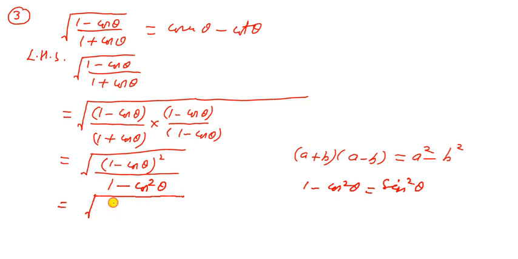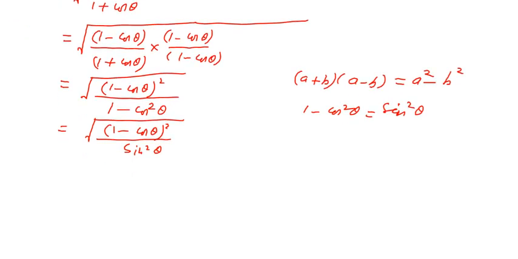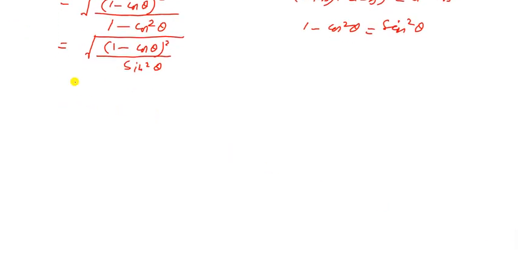So you can take here, it is 1 minus cos theta whole square divided by sin square theta. Now square root and square both are cancelled out. So we can say it is 1 minus cos theta upon only sin theta. Square and square root both are cancelled out.